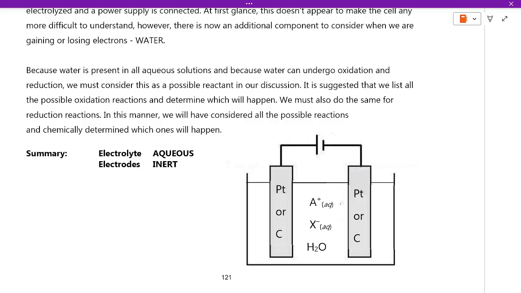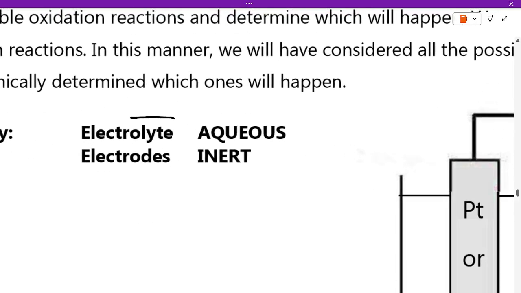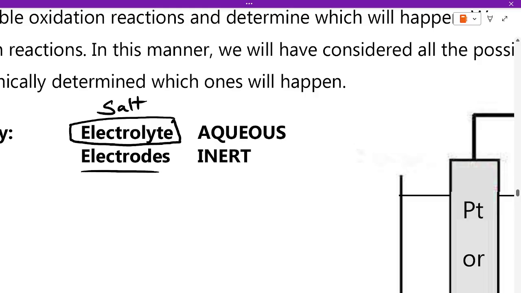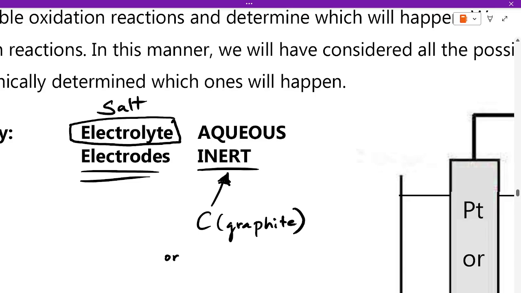So in this case, our electrolyte, our salt, is aqueous, and our electrodes are still inert. If they are inert, what do you think we've made them of? Carbon, graphite, or we can use platinum here, right? Because now we're not worried about the platinum melting.